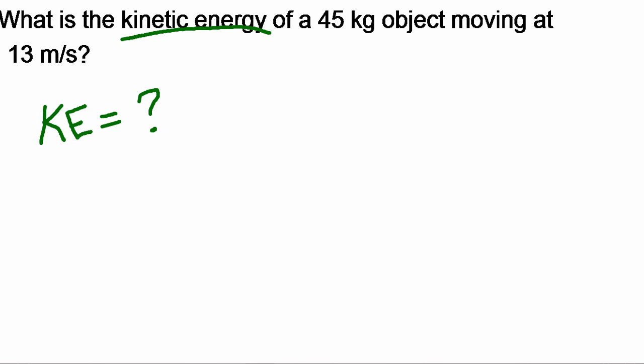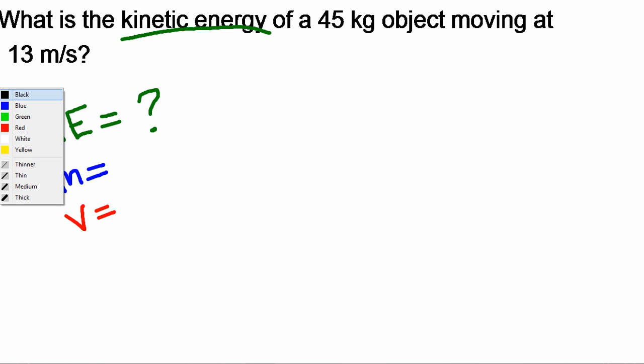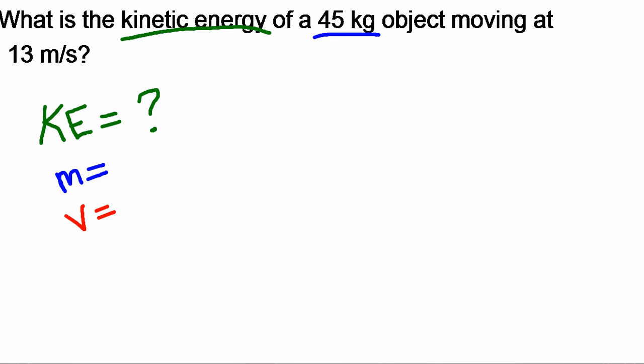What are the other variables of our kinetic energy equation? We have mass, and we have velocity. So I'm going to see what numbers mean mass and what numbers mean velocity. I look for the units of kilograms for mass, and I see that I have here a 45 kilogram object.